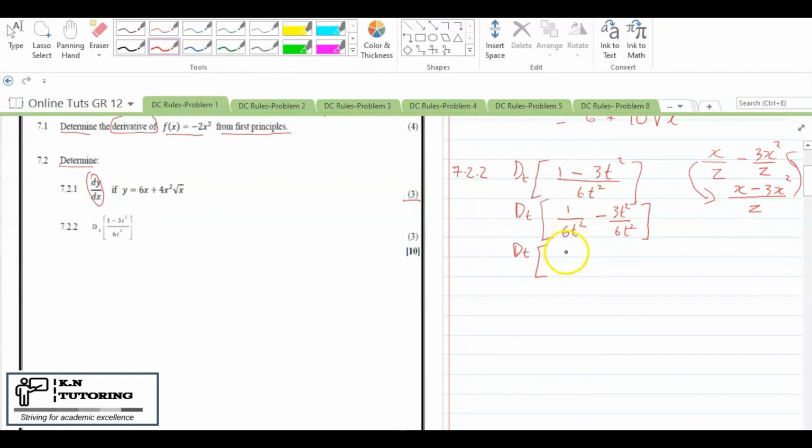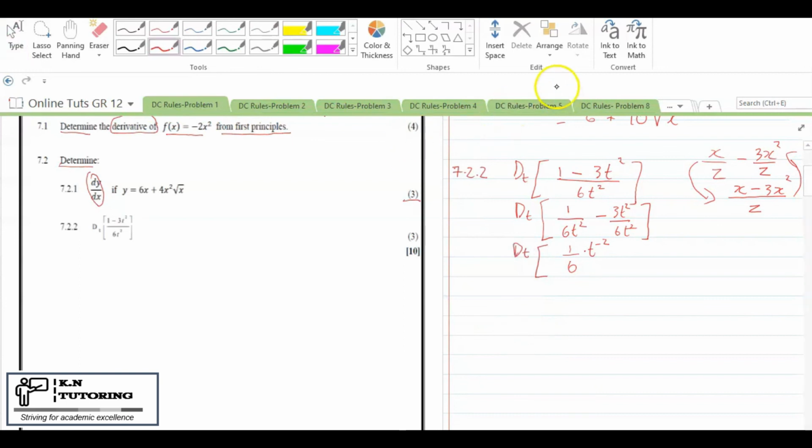And then how do we take this? We just say, okay, this is 1 over 6. When I take this up, it's going to be t to the exponent minus 2, because we know that a to the exponent minus m is the same as 1 over a to the m, this being one of the laws of exponents.